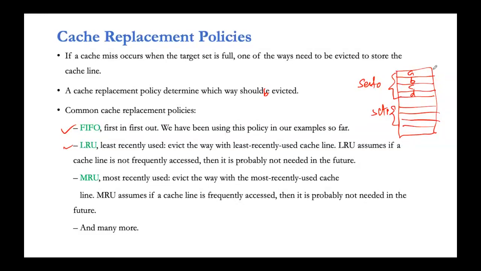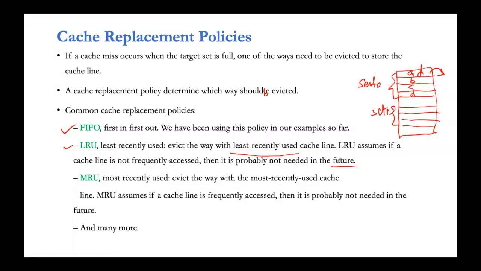Then when the set is full, the first one is evicted and given to the new one. Whereas in least recently used, we evict the way with the least recently used cache line. LRU assumes that if a cache line is not frequently accessed, then it is probably not needed in the future, so it must be evicted.